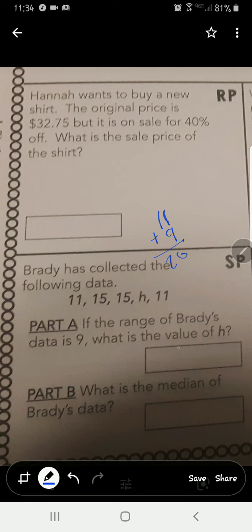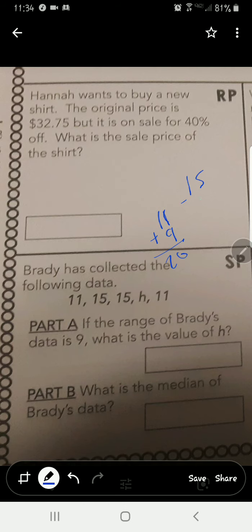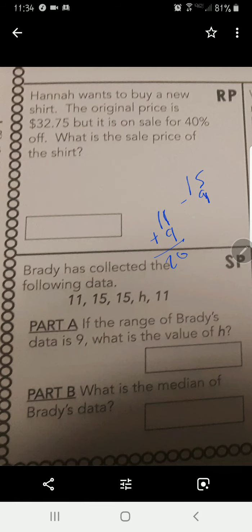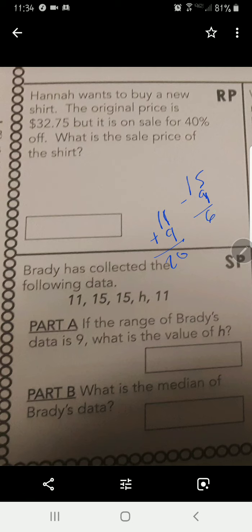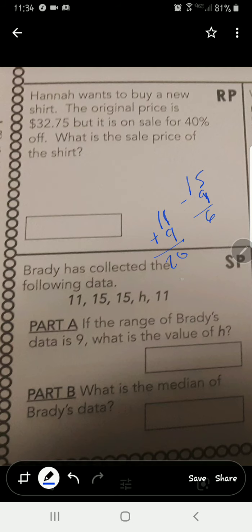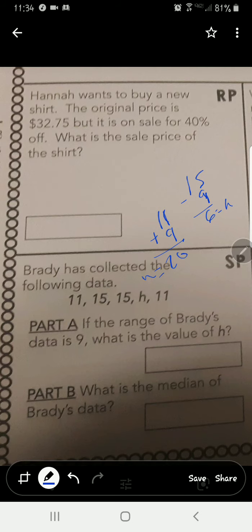So h could be 20. Or you could take 15 and subtract 9 from it, which would give you 6. So h could be 20 or 6, because it's not in order.